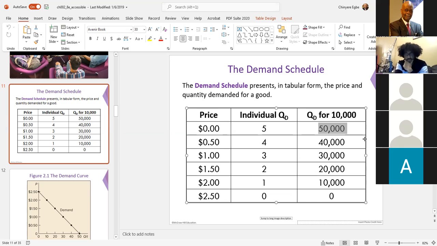Think about the possibility that the food in the restaurant is free. That is not going to cause you to eat all the food in the restaurant. That's just how much you can eat. Am I correct? So when the price is 0, there can still be a limited quantity, and the quantity demanded will be 50.